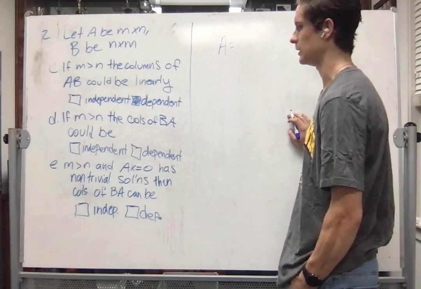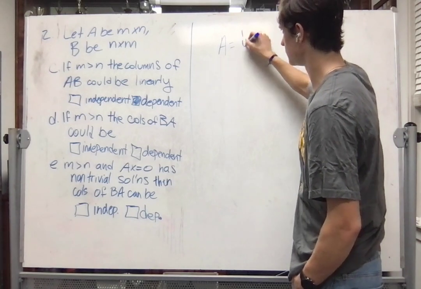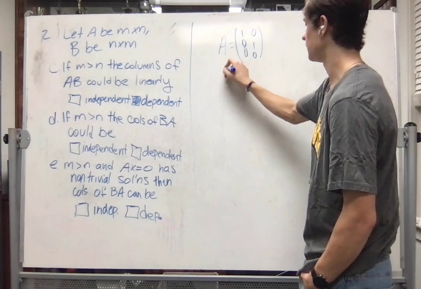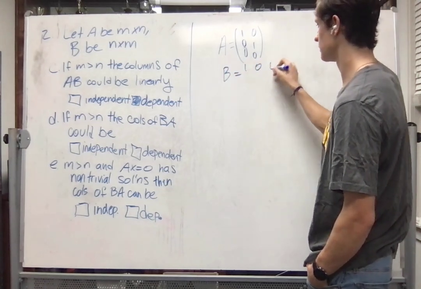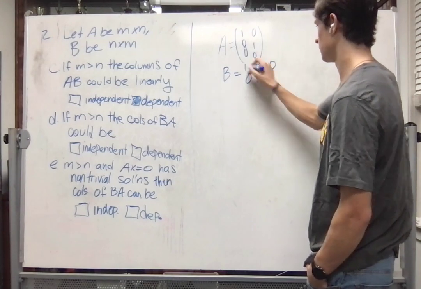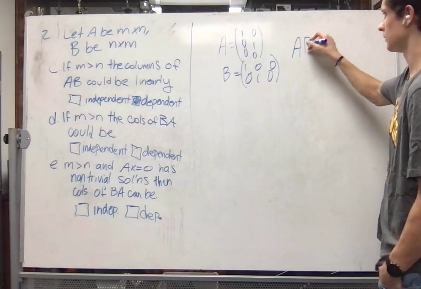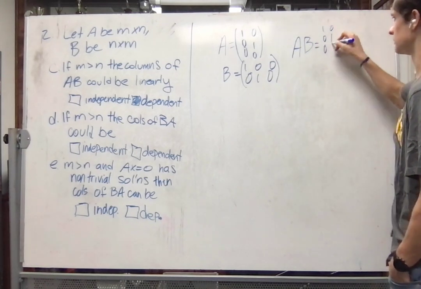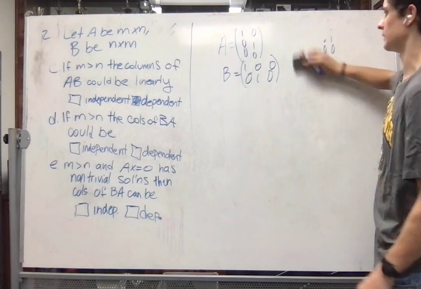So A should be sort of tall and skinny. So we're going to do 1, 0, 0, 0, 1, 0. And B is going to be the same matrix but transposed. Sorry, we're talking about BA here in part D.